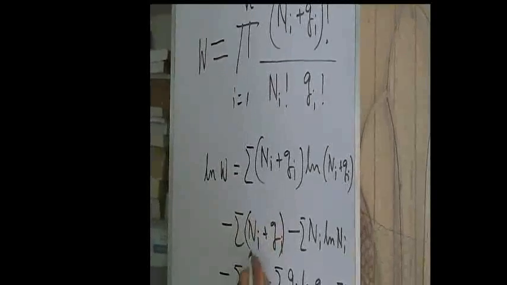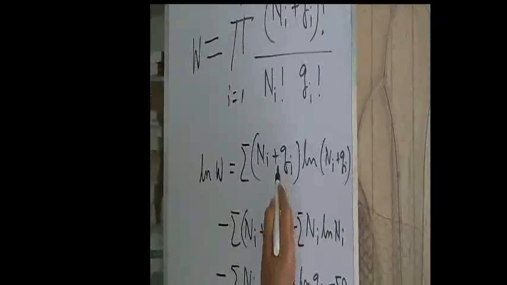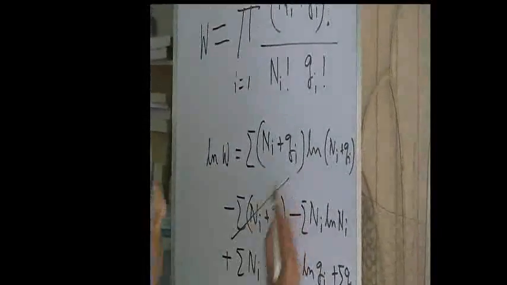And we get that this will be minus (ni plus gi), and this will be plus. So this one and these two will be cancelled out.